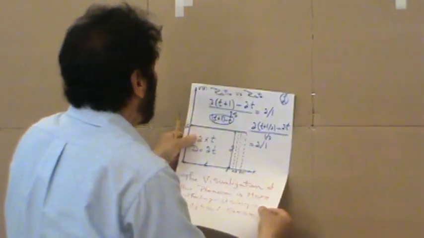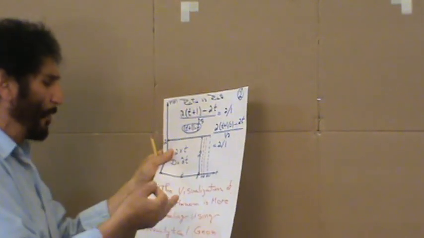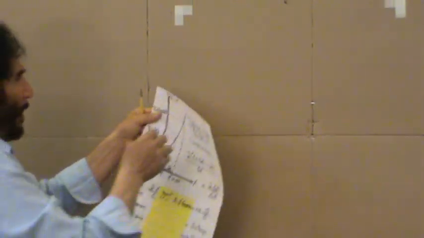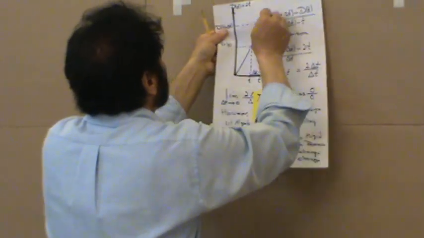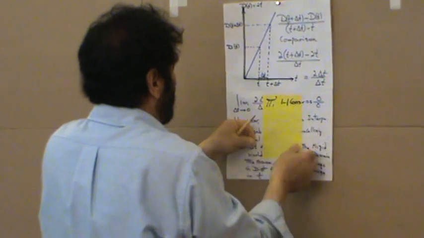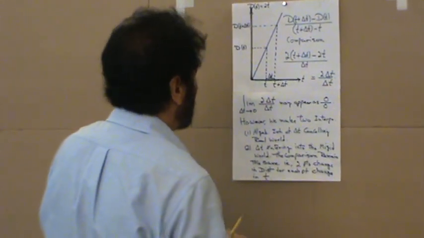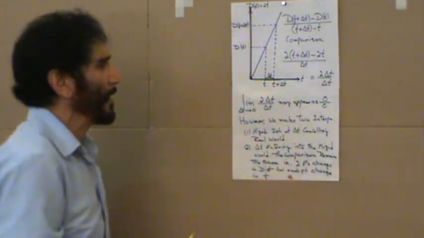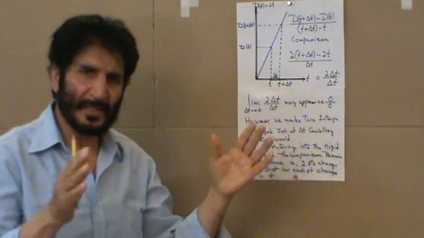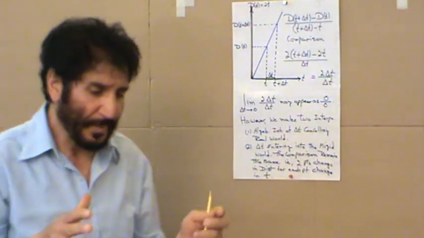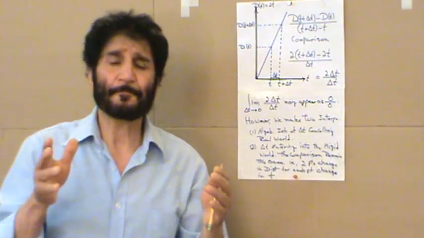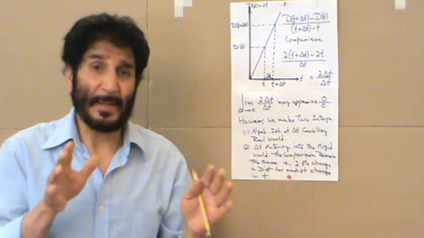The visualization I have written here of the phenomenon is more appealing using the analytical geometry approach. Now here is exactly the same thing, the distance, but the distance before was represented in Euclidean geometry, the plane geometry.